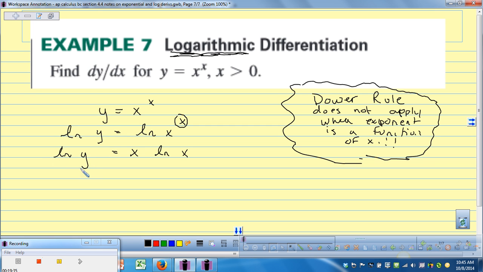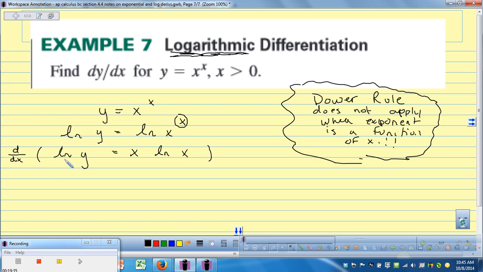And now, implicit, yes. So we can put ln x and y. No, not quite yet. Because y is x to the x, not ln. But we can take the derivative of all of this using implicit differentiation.